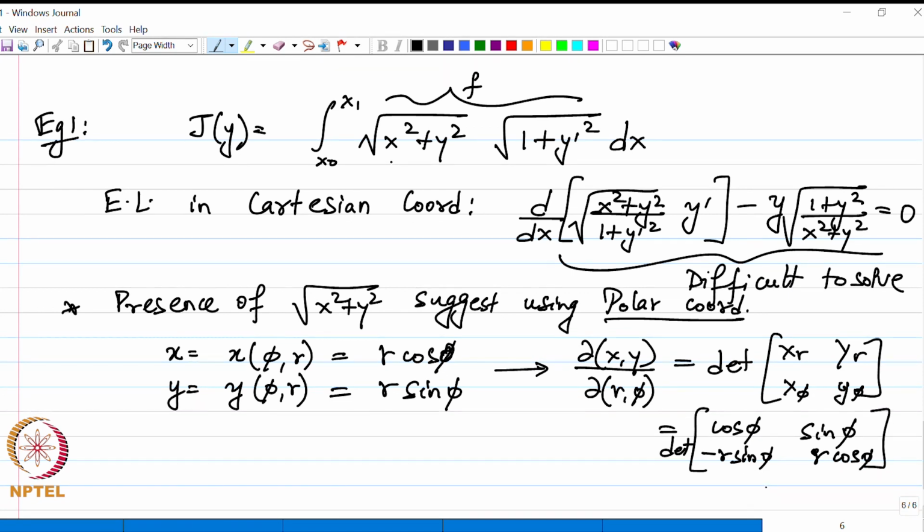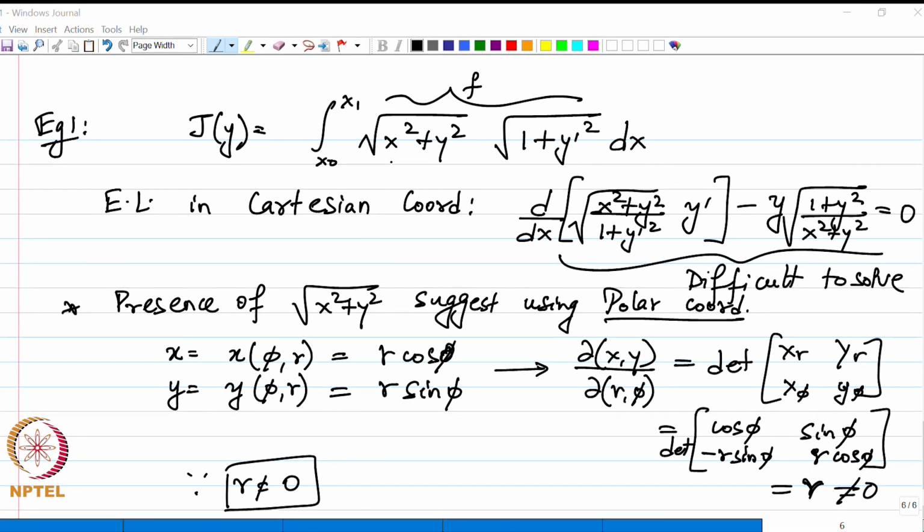After finding the determinant it comes out to be r, and I know that this is not 0 because r is not 0. Otherwise the transformation is bogus, it is not a non-singular transformation. So, this clearly shows that the determinant is non-singular, and hence we are ready to transform our original functional in the Cartesian frame into the polar frame functional, right.